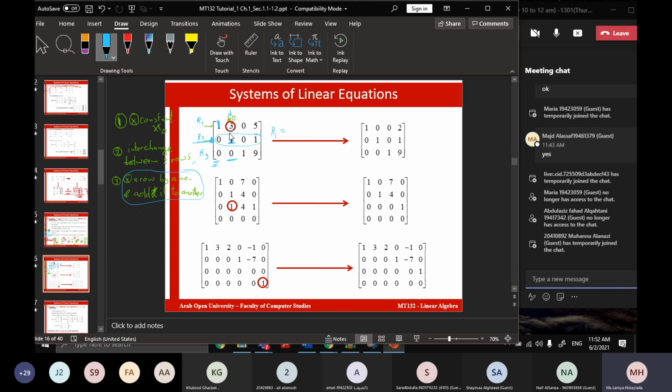How can I make the 3 a 0? If I want to add to it, I add minus 3, because 3 plus minus 3 is equal to 0, correct? So to make this 3 a 0, I have to add to it minus 3. Where do I get it from? By multiplying this row by minus 3, correct?